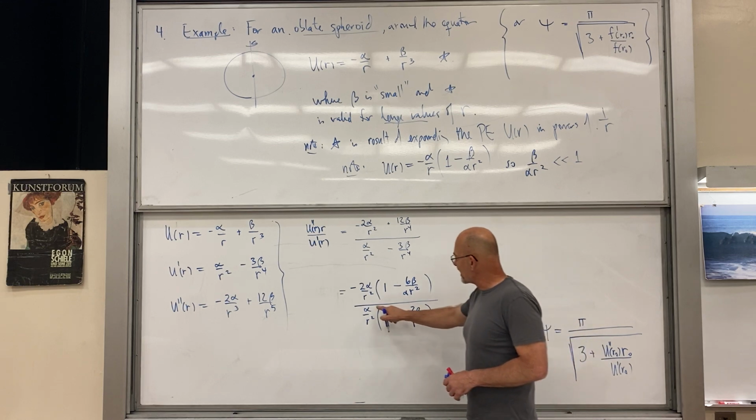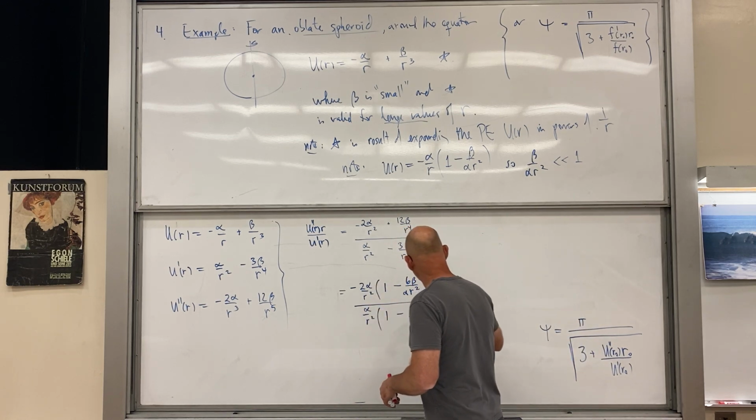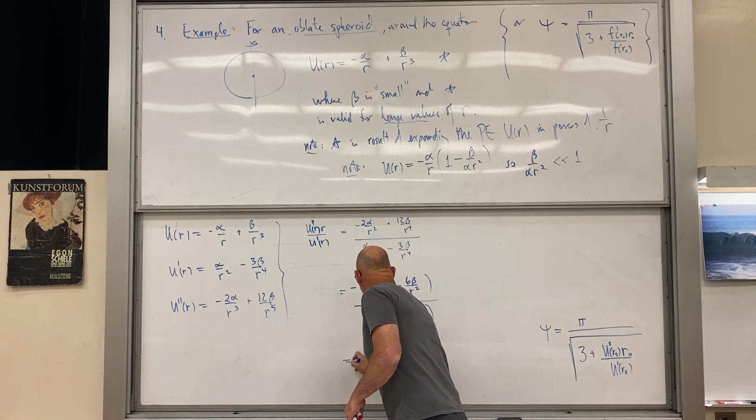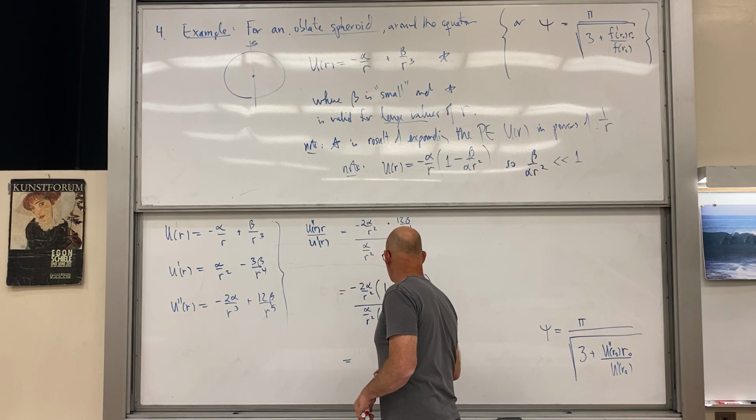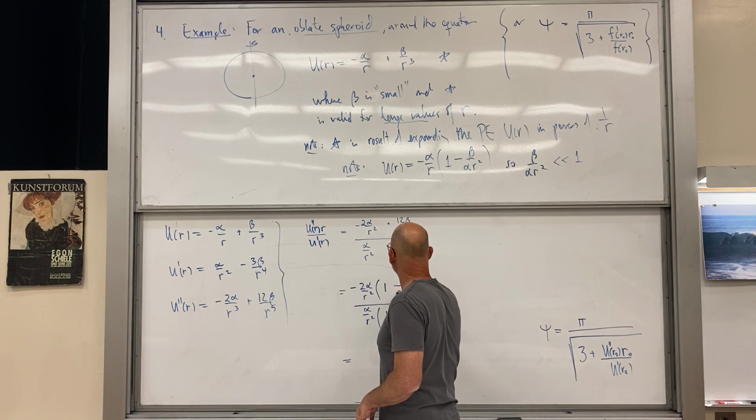Okay, and so we can simplify now. We got the alpha over r squared that can be canceled.